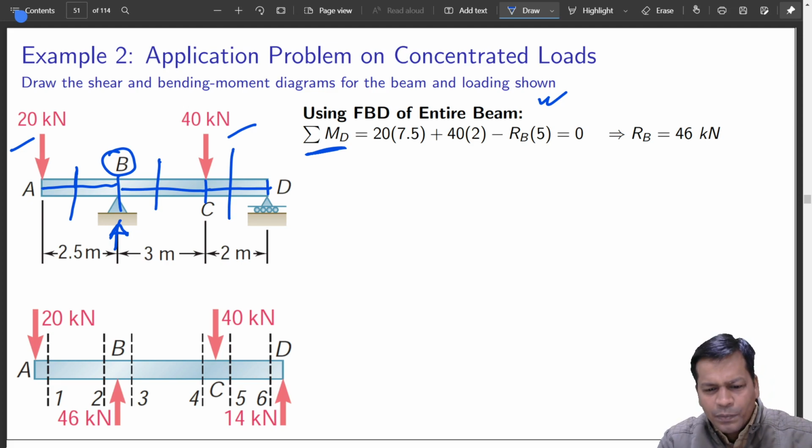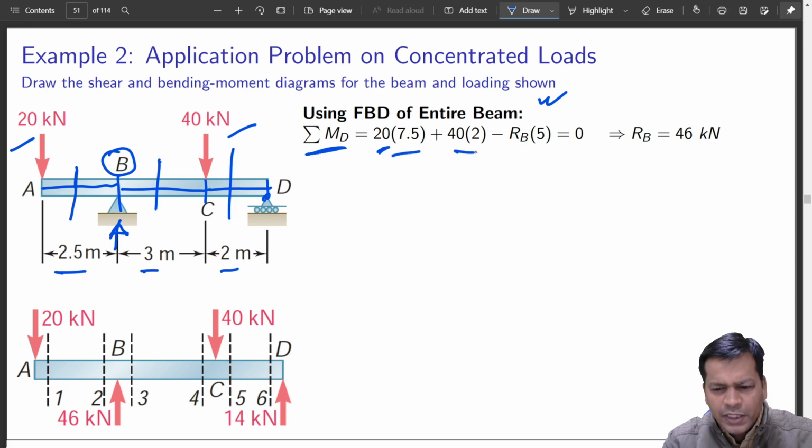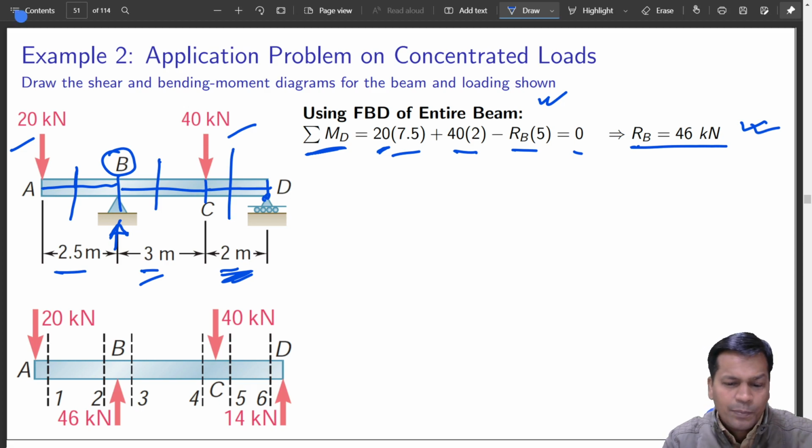Okay, so I have taken moments about D equal to 0. So 20 into 7.5, that is 3 plus 2 plus 2.5, 40 into 2 meters, and RB into 3 plus 2, that is 5, and that gives me RB as 46 kilonewton, acting upward.